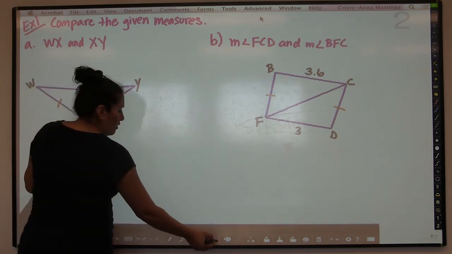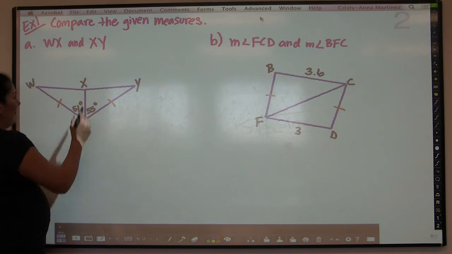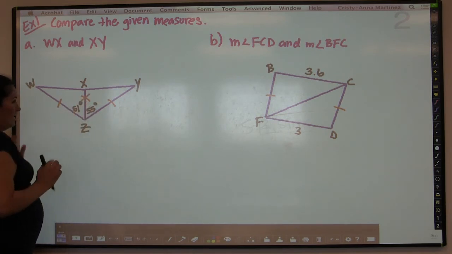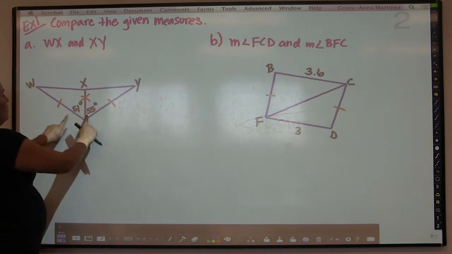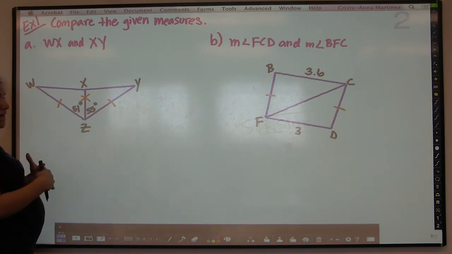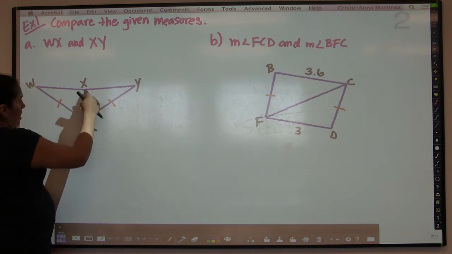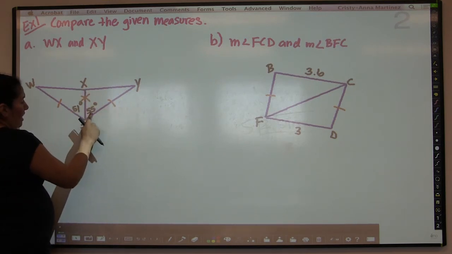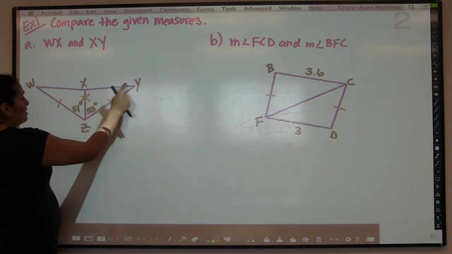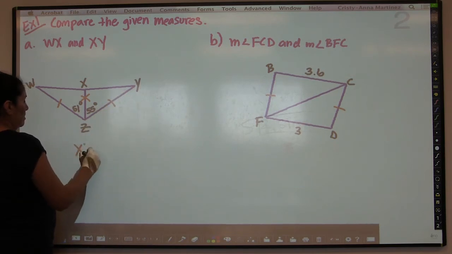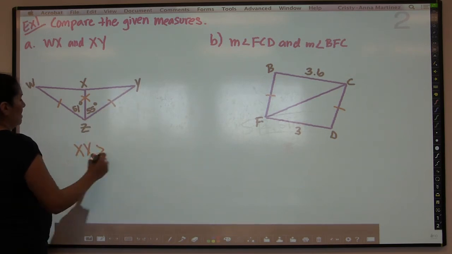And we also know that XZ is congruent to itself because it's a shared side between the two triangles. So now we have two of the sides of each triangle congruent, and then we also know that the angle here, angle XZY, is 55 degrees here, so this one is larger than this one, which means that XY is larger than WX.